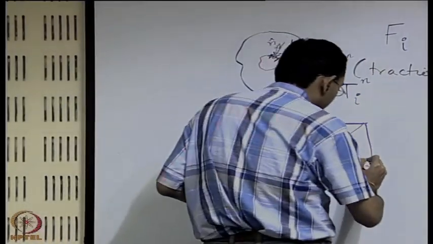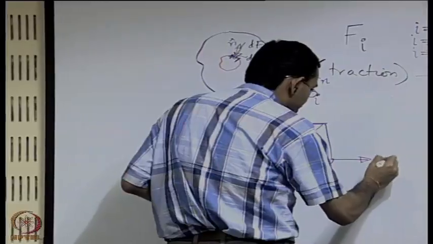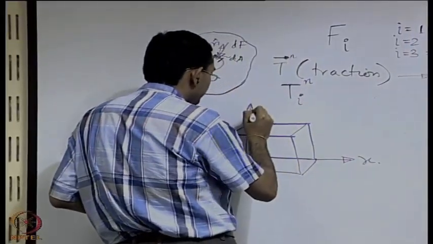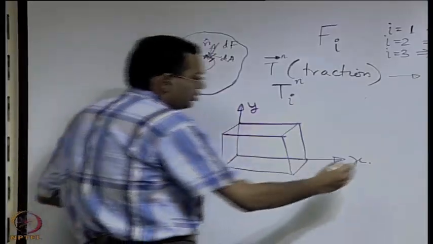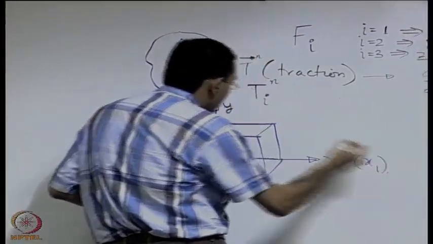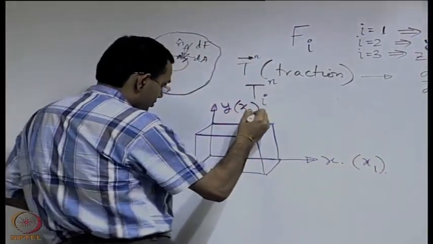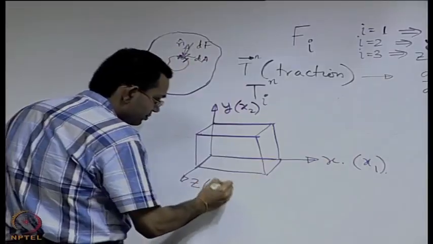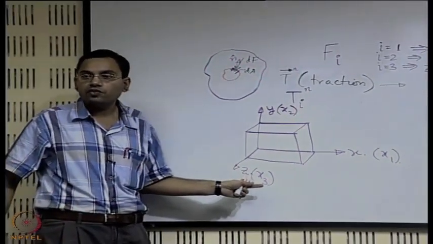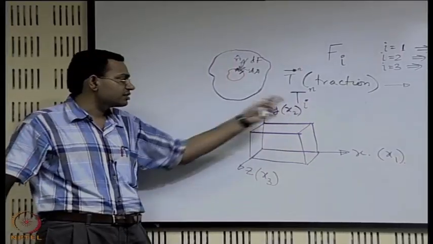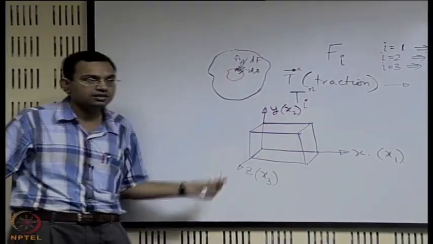We may orient axes like x, y, z. In terms of the index, we call these x1, x2, x3. Using the index is a very convenient way because just by varying the index you can vary the directions.